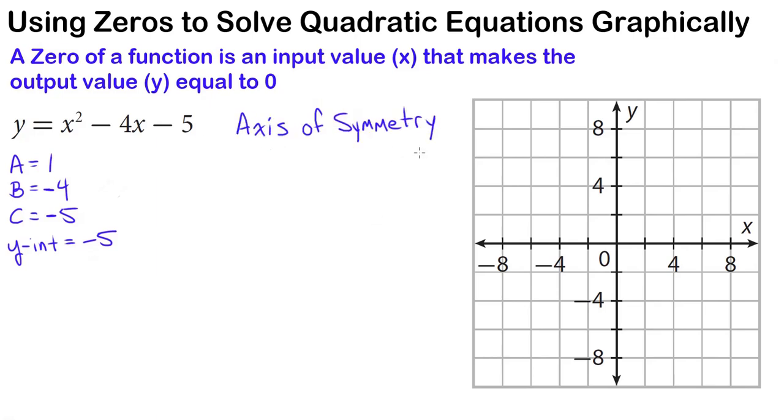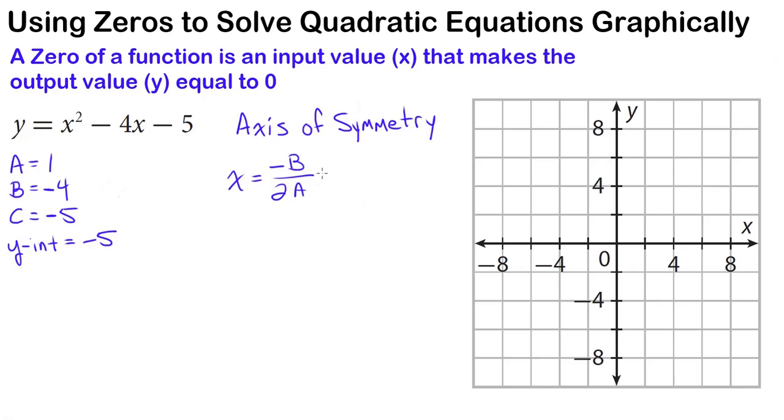Next, we want to find the axis of symmetry. Remember that parabolas are symmetrical. So the axis of symmetry is that middle fold line of the symmetrical parabola, and it's also the x value of our vertex. The way we find it is using the formula x equals -b over 2a.